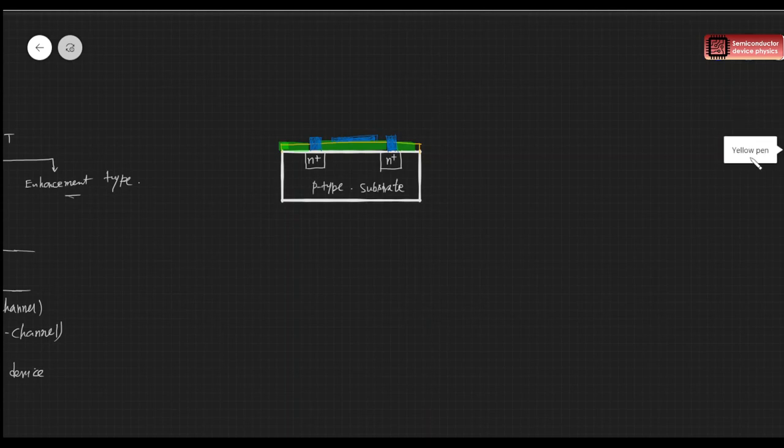Let me name these terminals. We also put an electrode on the base, that is on the substrate. Here on the bottom also we have a large electrode.